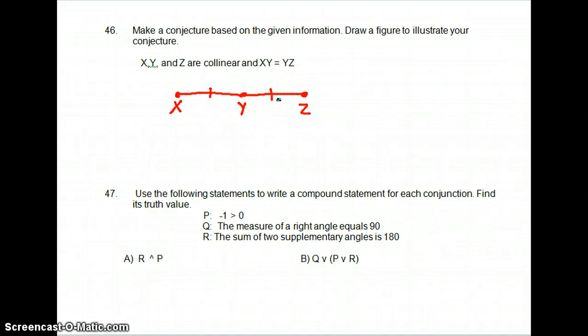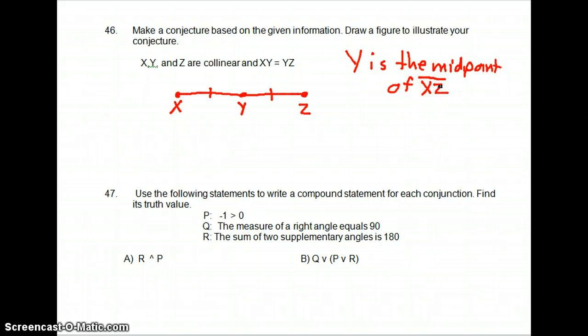So we can make a conjecture on that. So we can say Y is the midpoint of XZ.